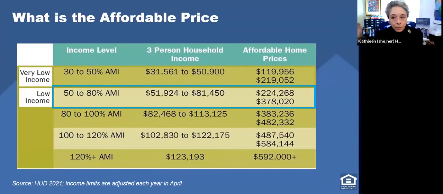So home prices in King County are in the upper 700s, low 800s now. But this is the price that's actually affordable to folks who are teachers, firefighters, healthcare workers, nonprofit employees of various kinds, first responders, the people that repair your power lines when a storm happens. These folks are making this type of income, and they're entirely shut out of the communities that they work in.